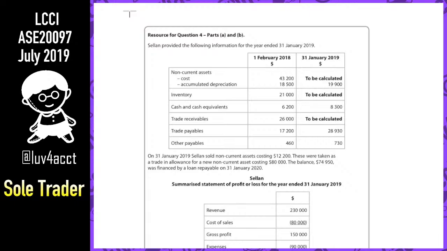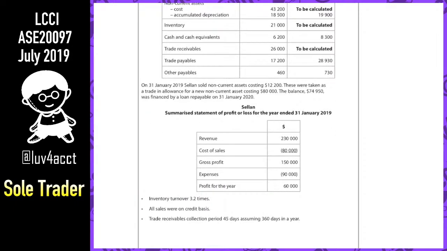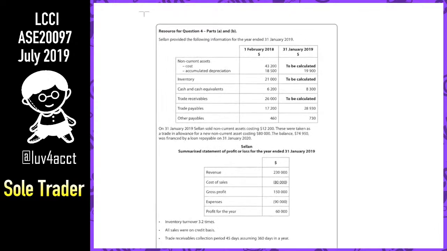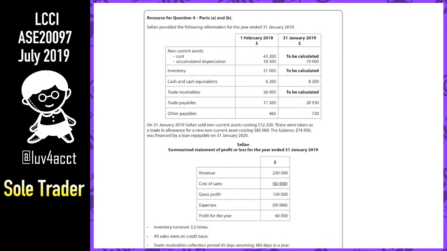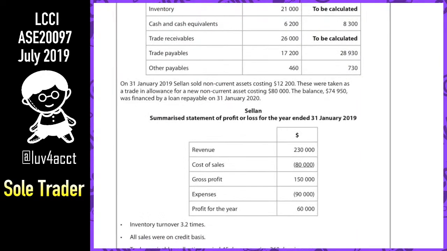And during the year, Sealant sold on the 3rd. When was that? So this is the last day of the year. Sealant sold non-current assets costing 122. These were taken as a trade-in allowance for new non-current asset costing 80,000.